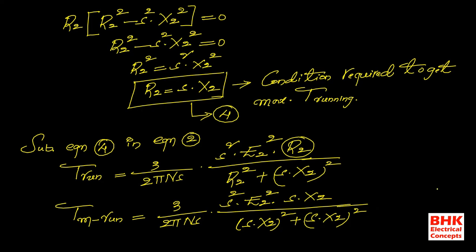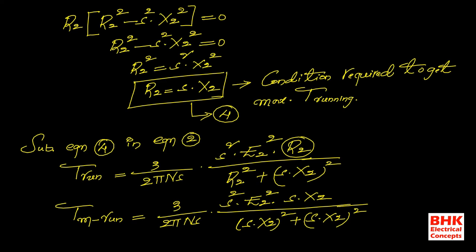Now by simplifying this, the numerator consists of s square into s, and the denominator consists of 2 times s square x2 square.